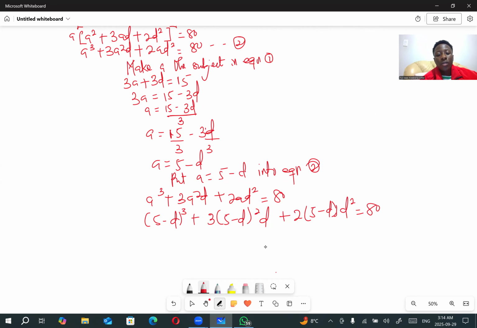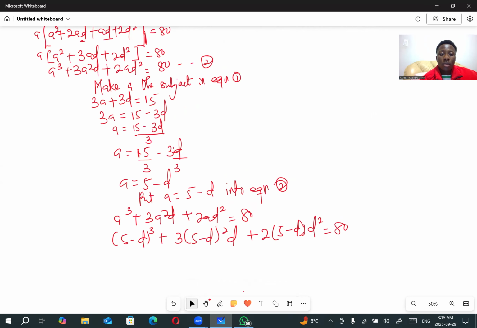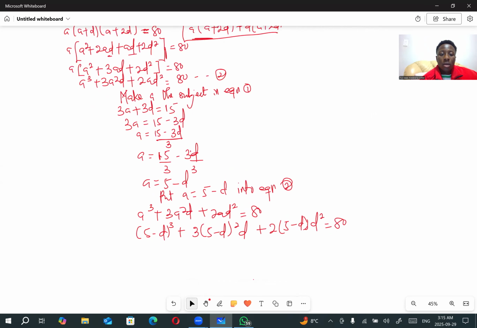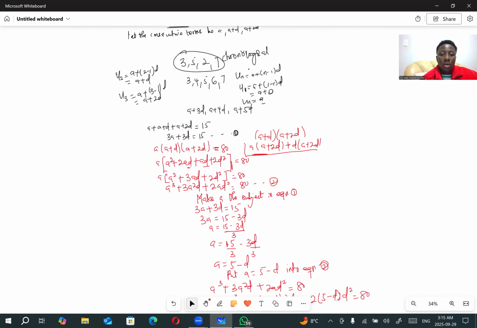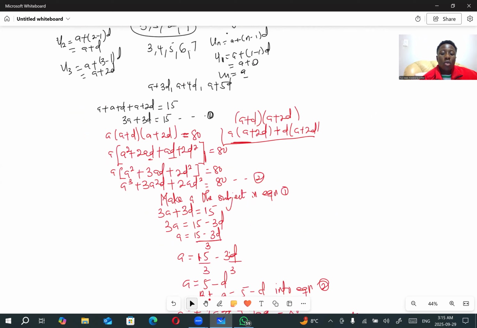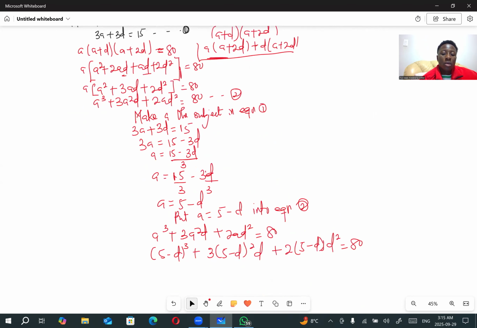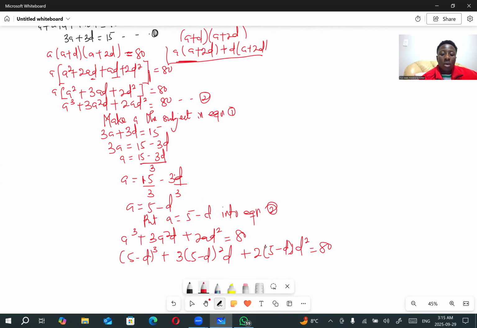Then we simplify this. I hope no one is confused. Yes. Yeah, following. Are you confused? No. Okay. Let's look at the simplification for 5 minus D cubed.